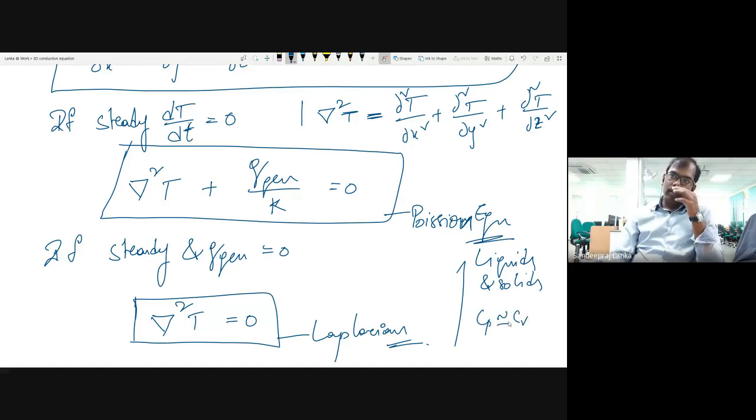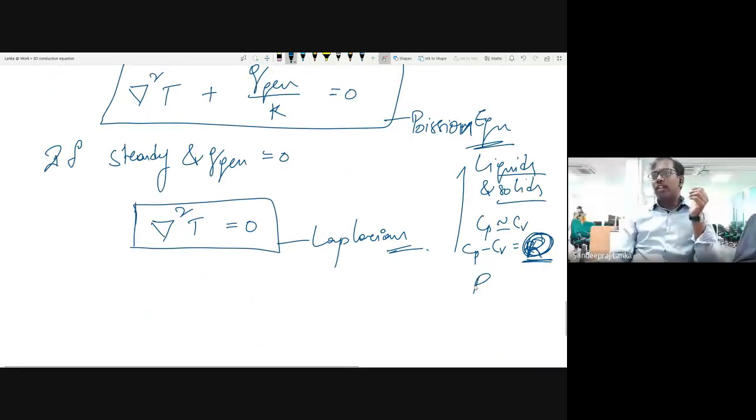Whether you consider it or not doesn't matter. Cp minus Cv is equal to R, the gas constant. Cp minus Cv will have a significant value only for gases. For liquids and solids, the Cp and Cv values will be almost the same, and the R value will be zero. This is the reason. You got it? Yes, sir.